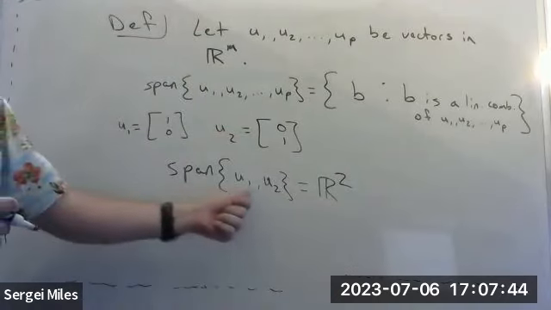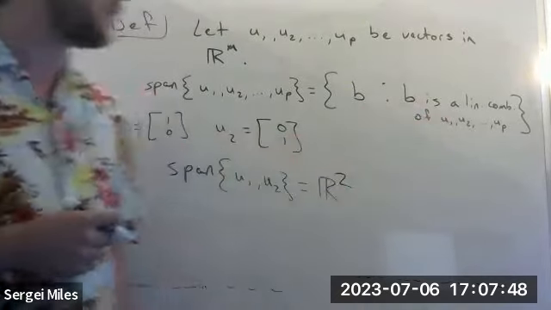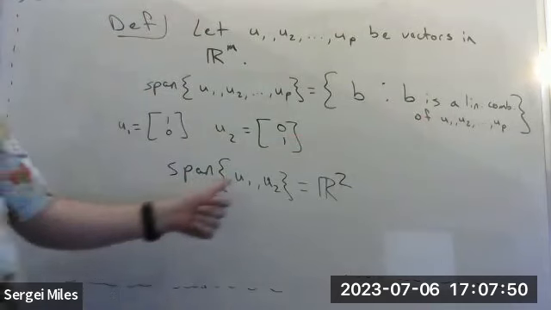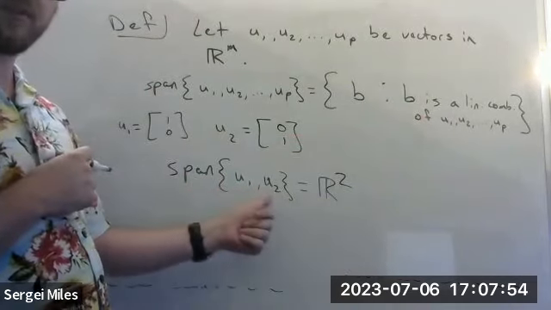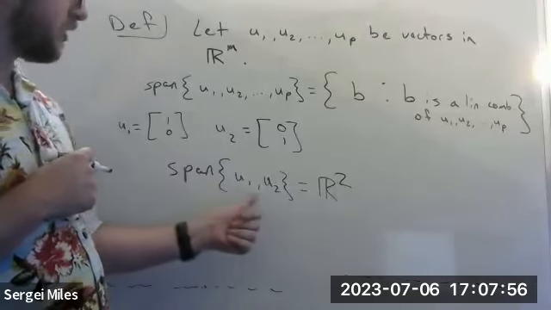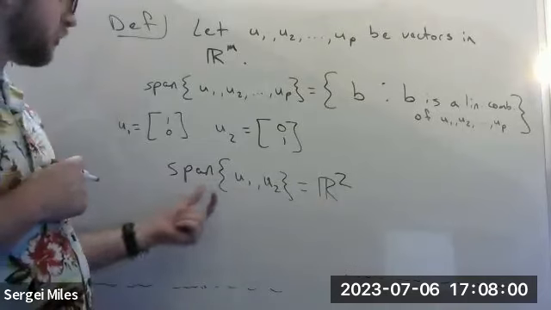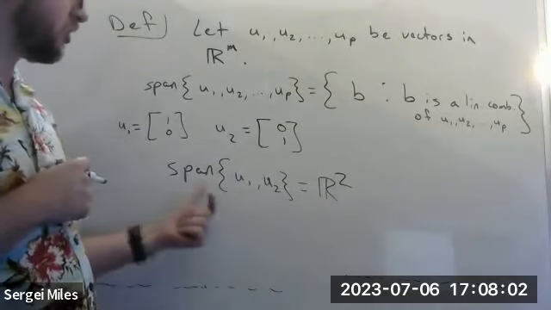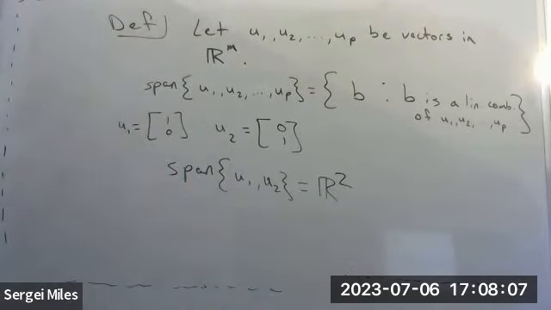So the span of these two vectors, the set of all possible linear combinations, is all of R2.